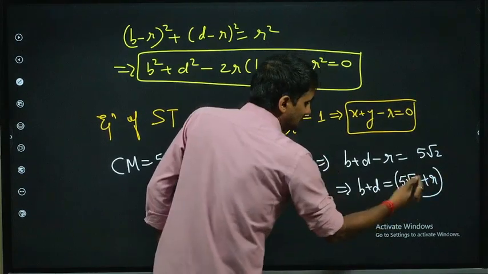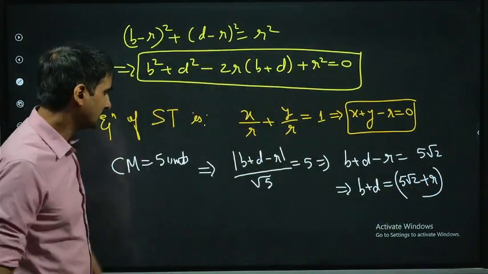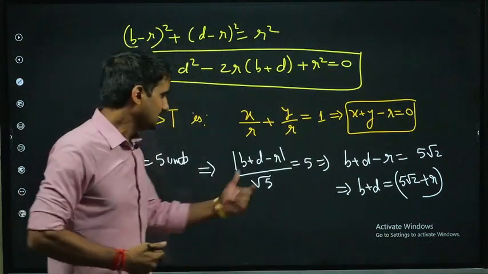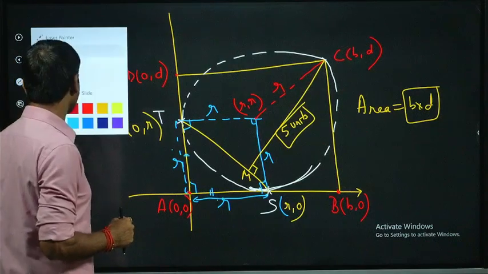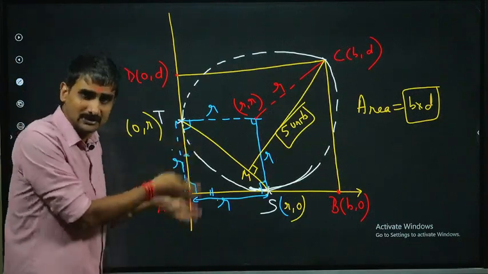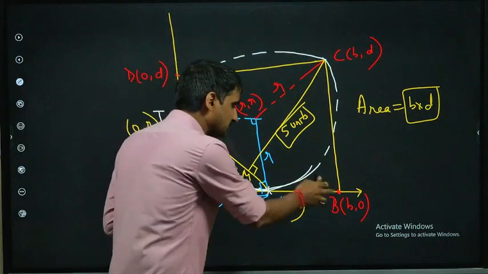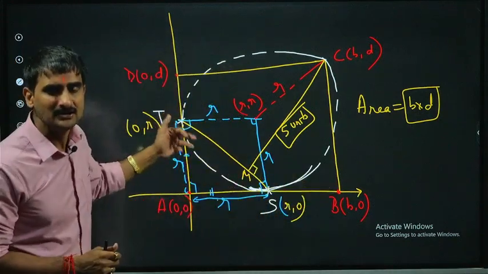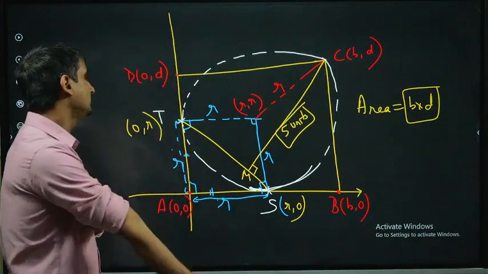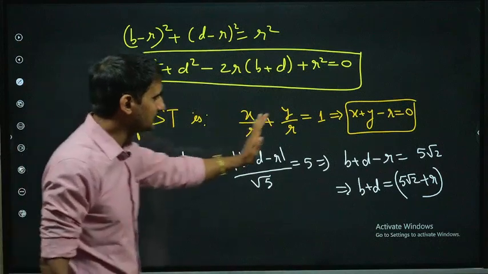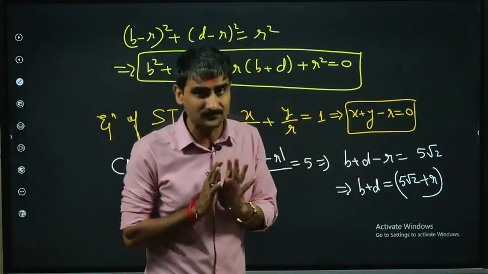Of course many of you can claim that there is a mod, but r is, according to the figure, definitely less than B and less than D, hence B plus D is definitely greater than r. So there is no need of carrying this mod and putting a plus minus sign here. I think I am clear to everyone.